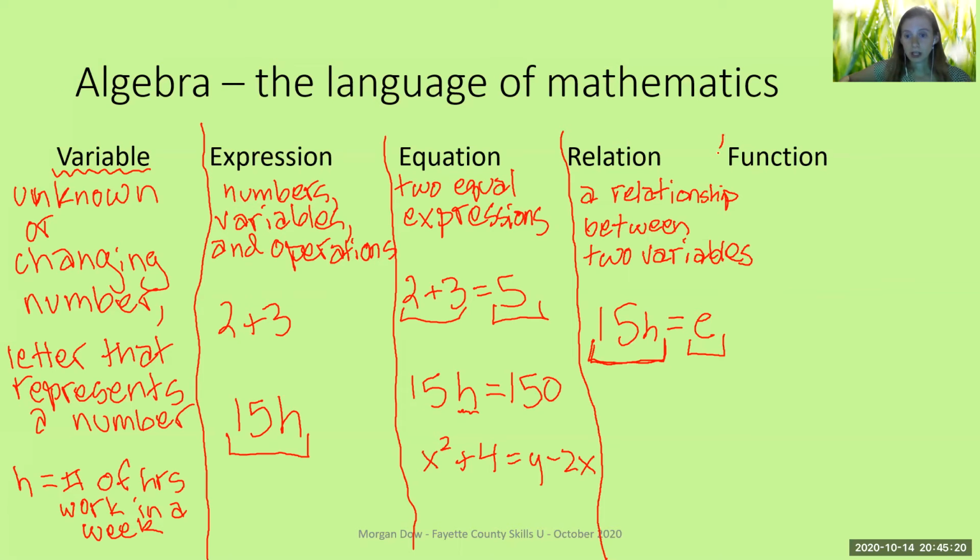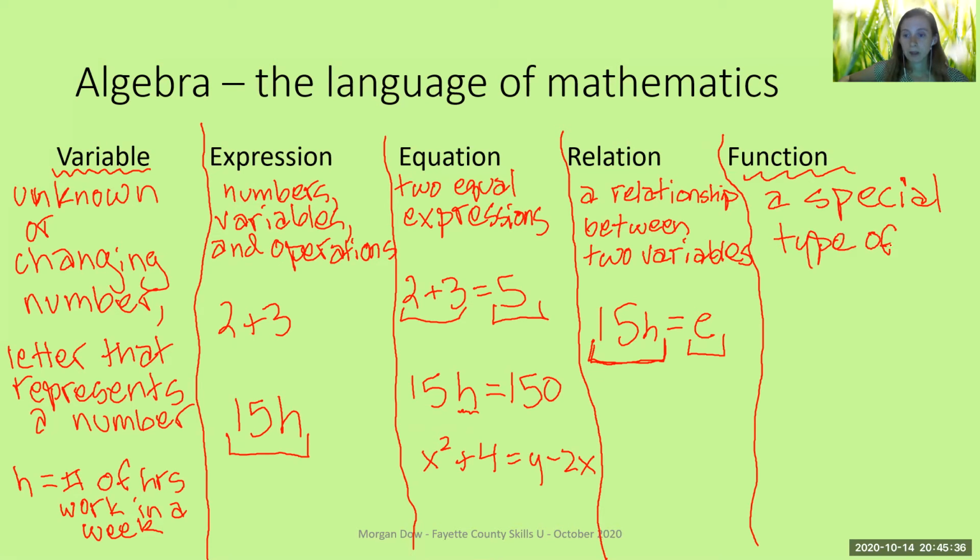So that's a relation. And in this lesson, we're going to be focusing on a special type of relation, which is called a function. So a function is a special type of relation. And the reason we're focusing on this special type in particular is that many relations are functions.